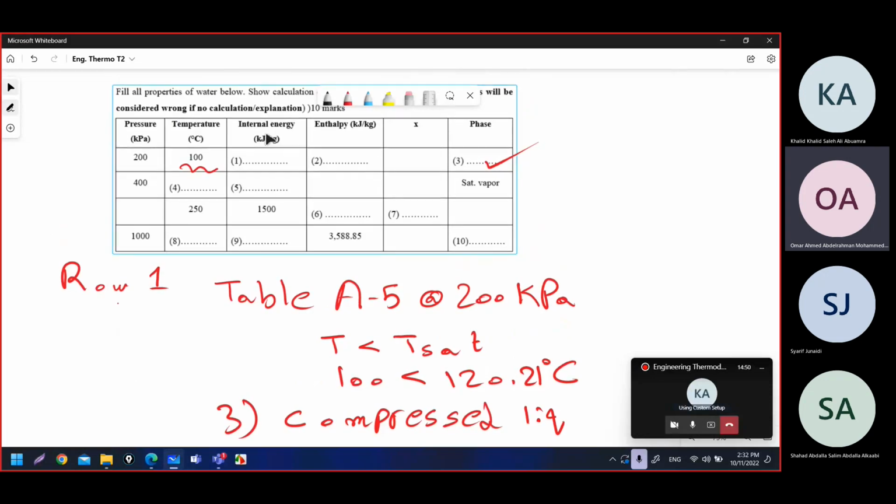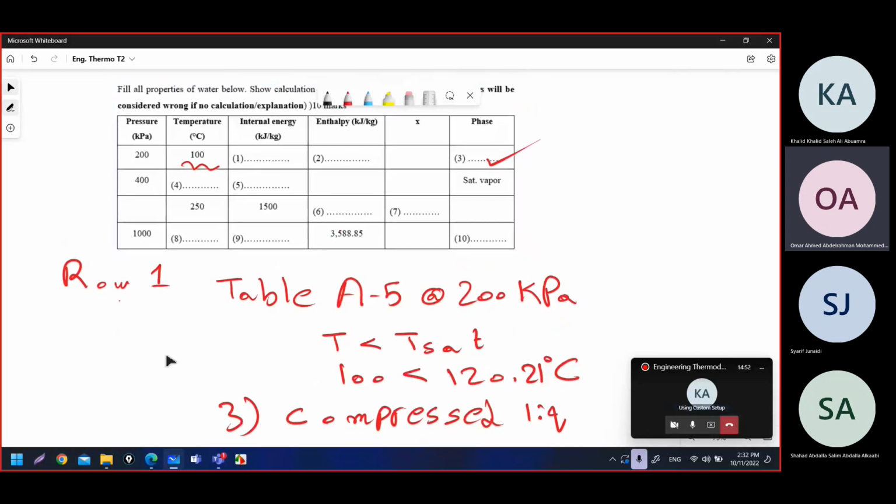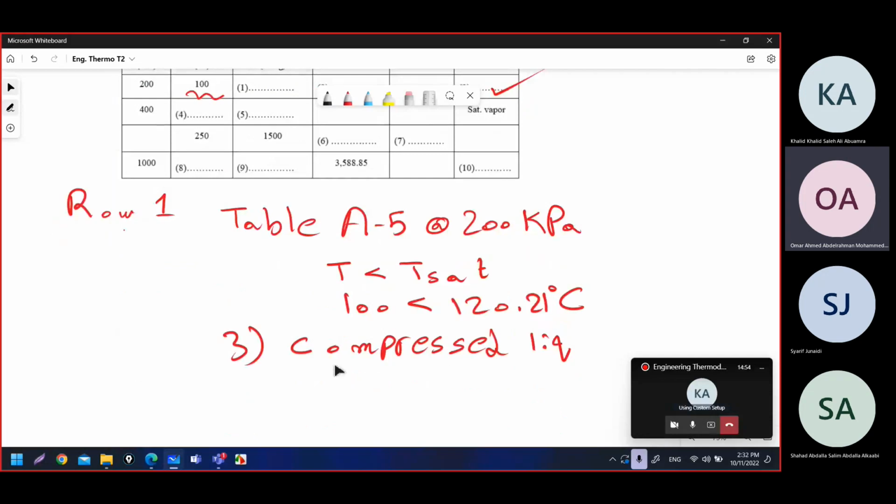In order to find internal energy and enthalpy, we said it is compressed liquid, and in the previous tutorial we said that the compressed liquid is strongly dependent on the temperature more than the pressure. So in order to find the specific internal energy and the enthalpy, I have to use the temperature table, not the pressure table.